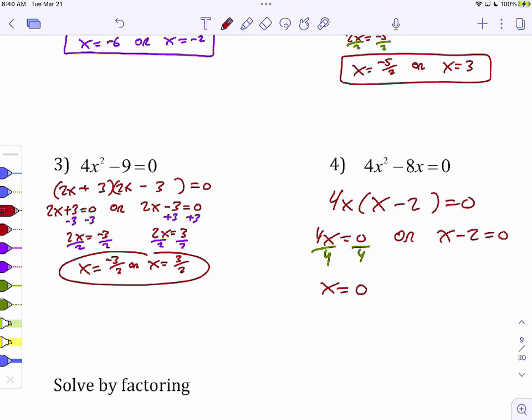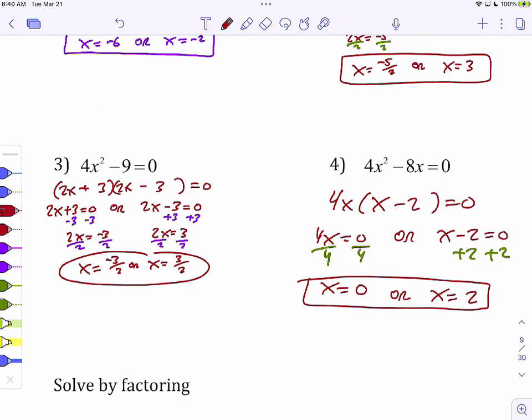If the GCF has an x in it, 0 is one of the answers. If the GCF was just plain 4, then that wouldn't be x equals 0. But if it has an x in it, you will get 0 as an answer. And it makes sense, right? If every term has an x in it, imagine plugging in 0. If every term has an x in it and you plug in 0, it makes everything 0. So of course it makes that side 0.